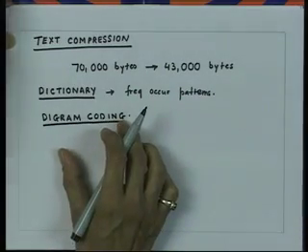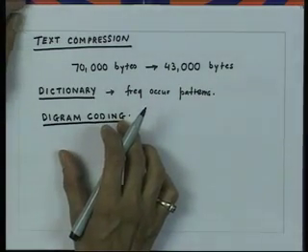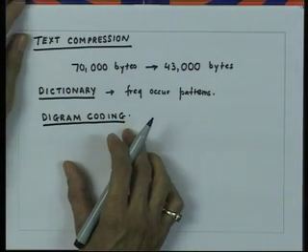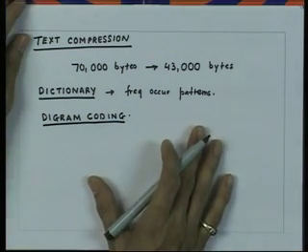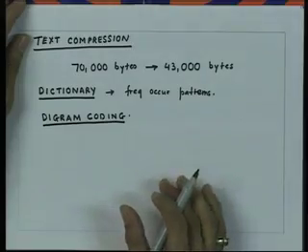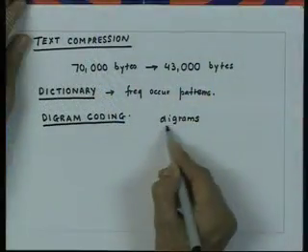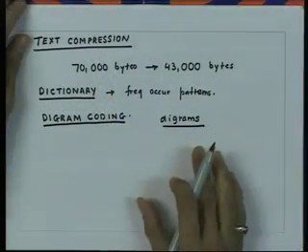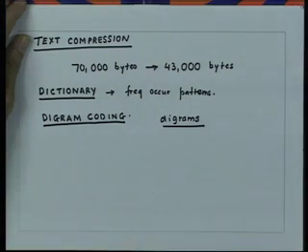In this form of coding, the dictionary consists of all letters of the source alphabet followed by as many pairs of letters, called diagrams, as can be accommodated by the dictionary.